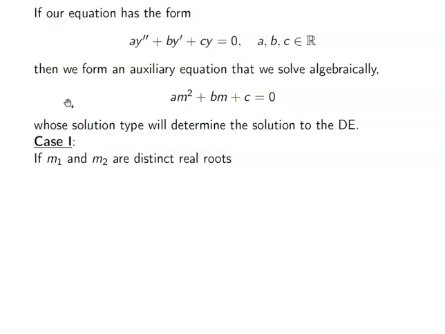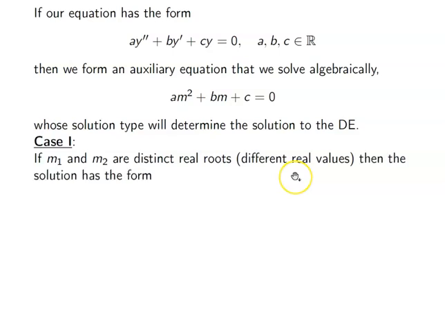The first case is that m1 and m2, which are the solutions to this quadratic, are distinct real roots. What does that mean? It means m1 is a real number, m2 is a real number, and m1 and m2 are not equal to each other. So different real values.